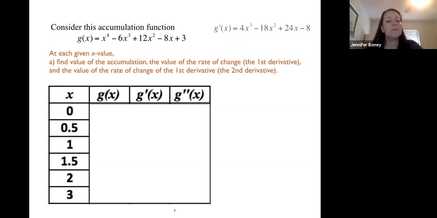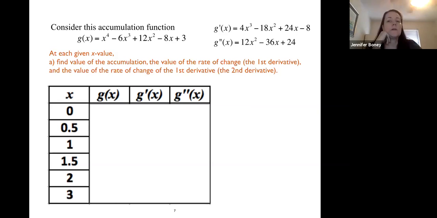which is this cubic function, at those same points, and the values of the second derivative, which I don't know if I wrote that down on here or not. Yep, I did. Those are easy enough to find. No tricky derivative rules for that. But take a look at the pattern of values that go with these.